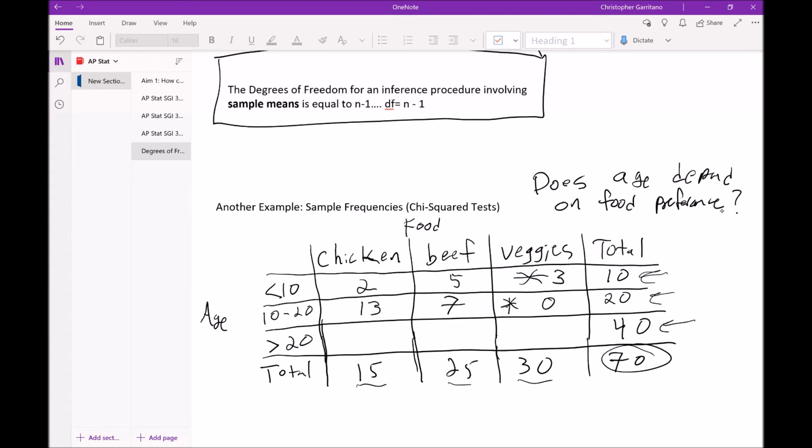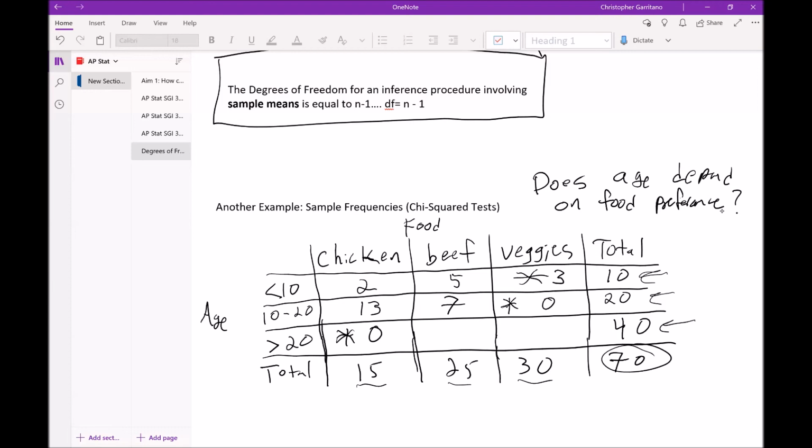Anyway, going down to this last row, in the chicken column, I'm stuck, right? This is not a free choice. This has to be 0 because a total of 15 people said chicken. Further down, so far, 12 people have chosen beef as their favorite.